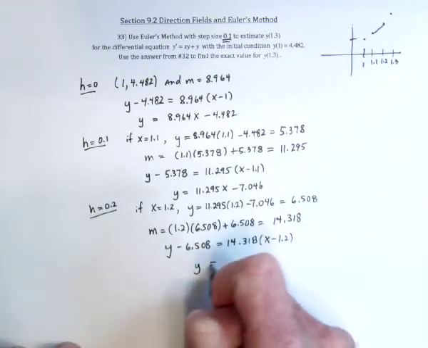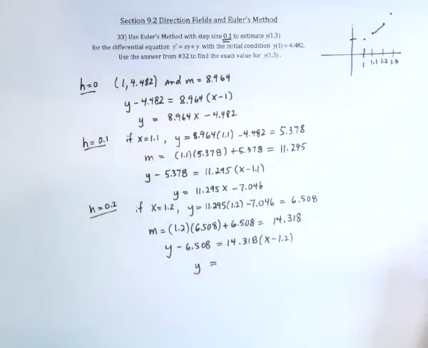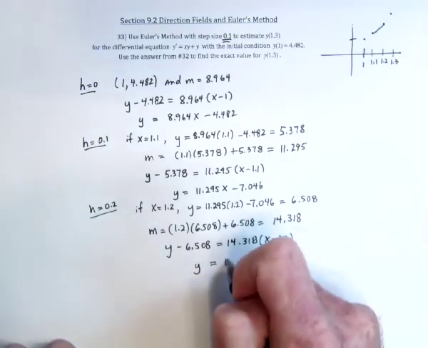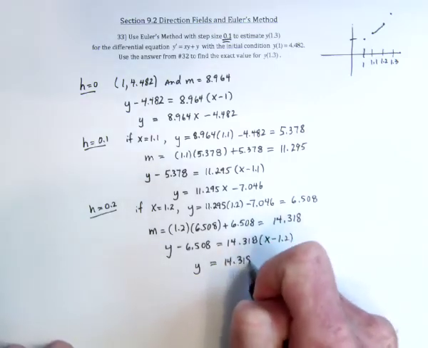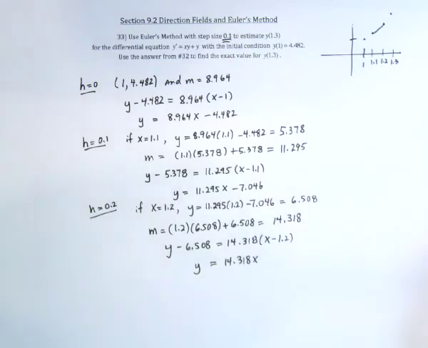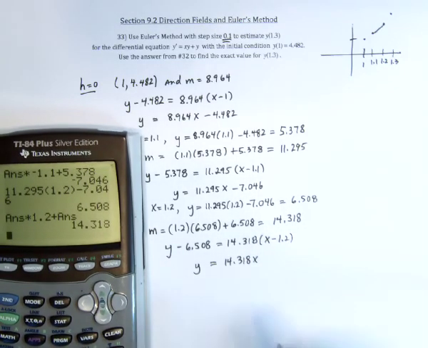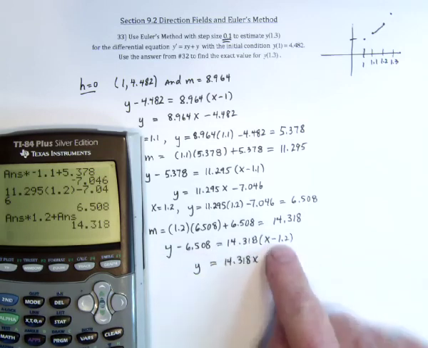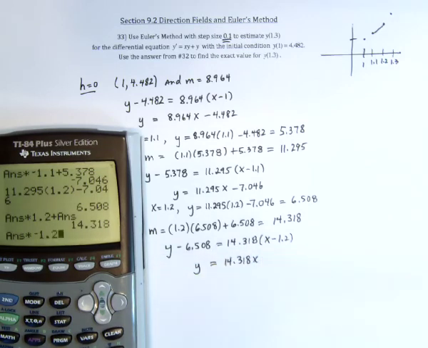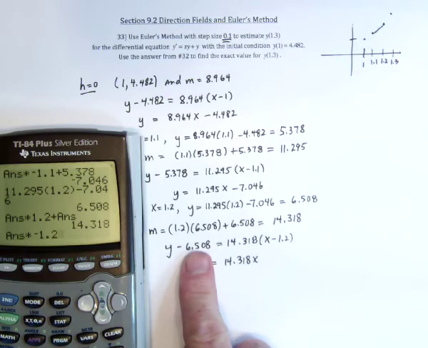And our last line segment to follow is going to be 14.318 times x, and then we need to take that number and multiply by a negative 1.2 and then add this to both sides.